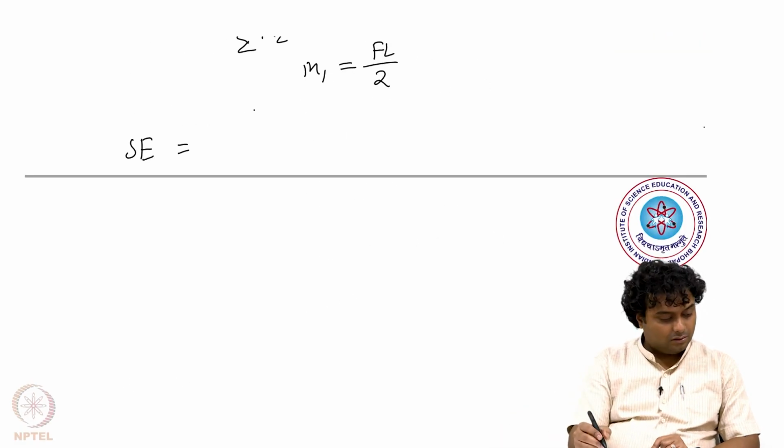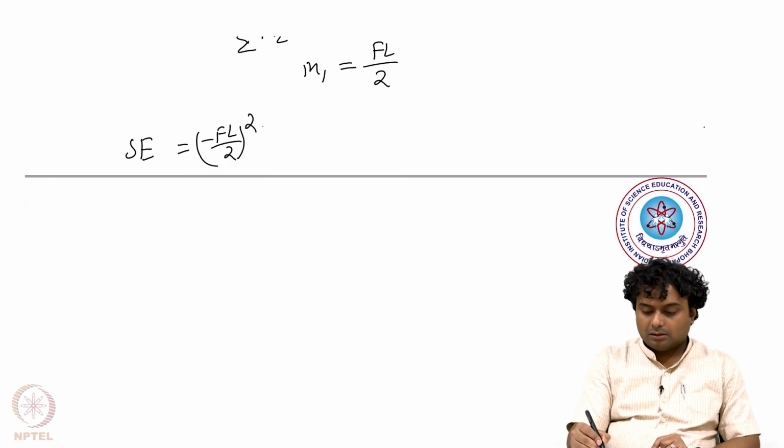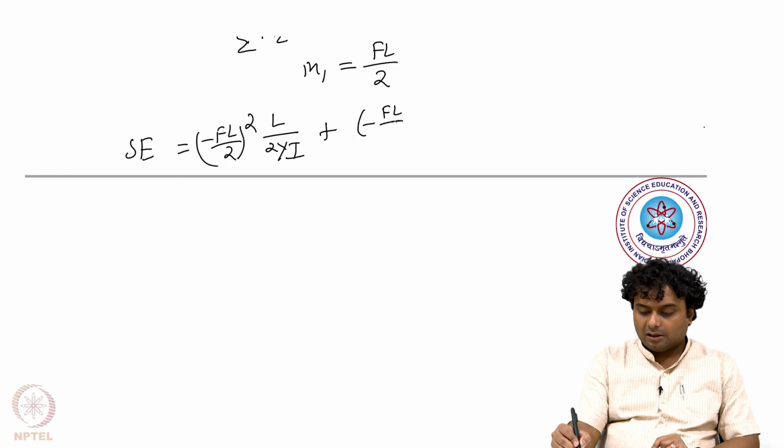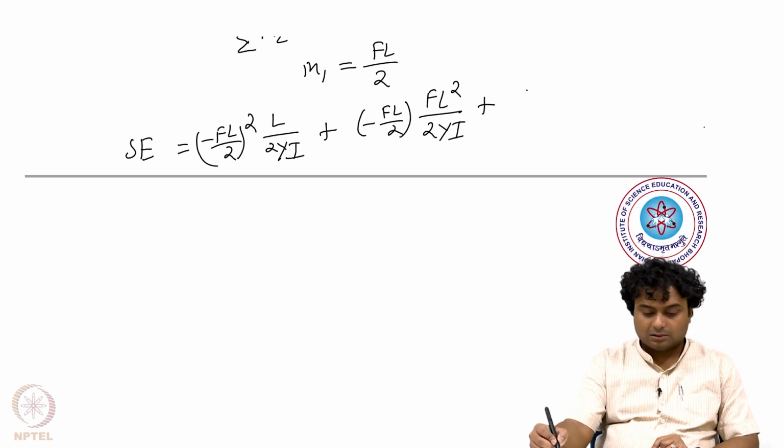So strain energy equals (minus FL by 2) whole square into L by 2YI, plus (minus FL by 2) into F L square divided by 2YI, plus F square L cube divided by 6YI.